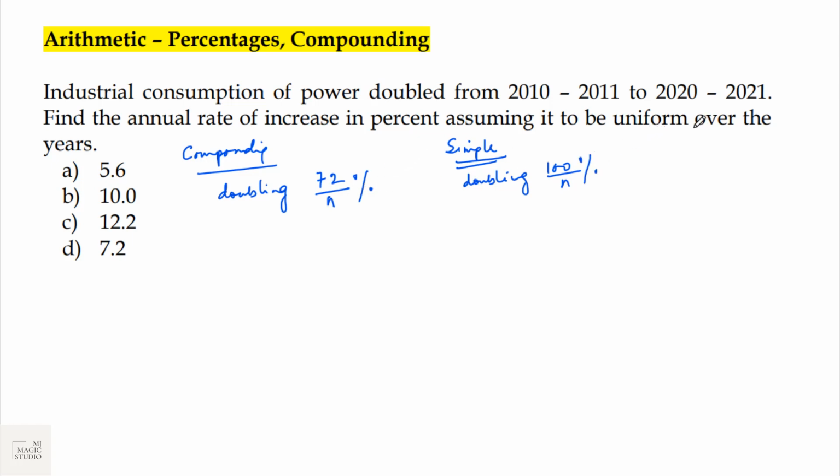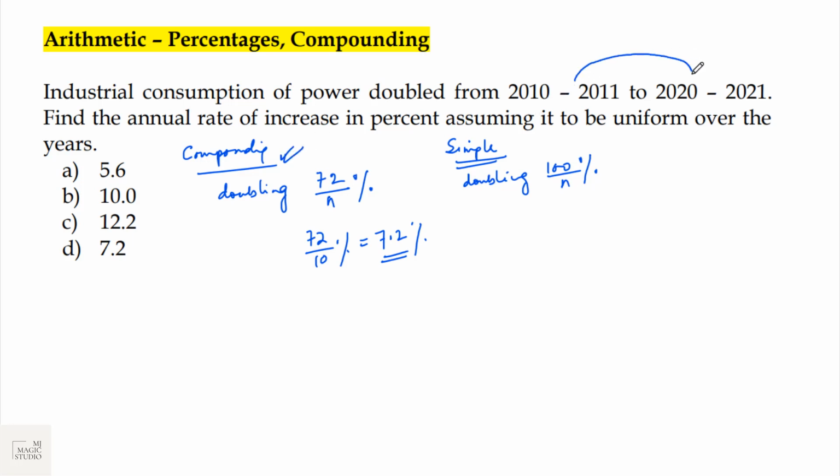But since it is uniform over the years, the annual rate of increase, that means it is growing over the period, it is simply 72 by 10, 7.2%. We call it rule of 72 in case of compounding.